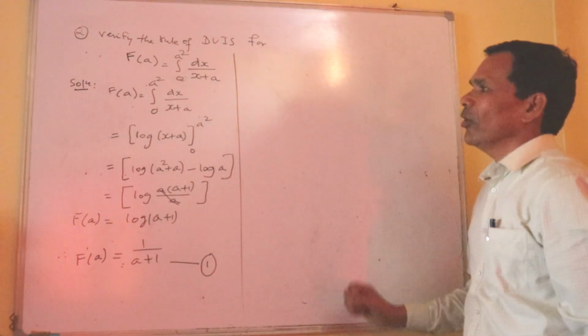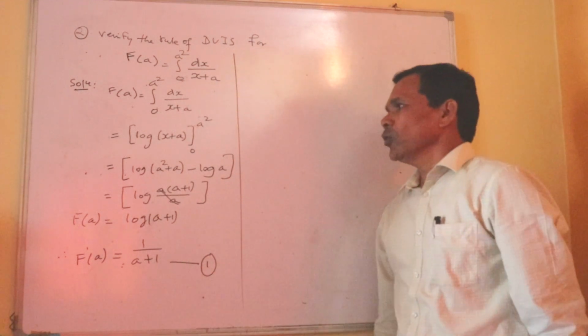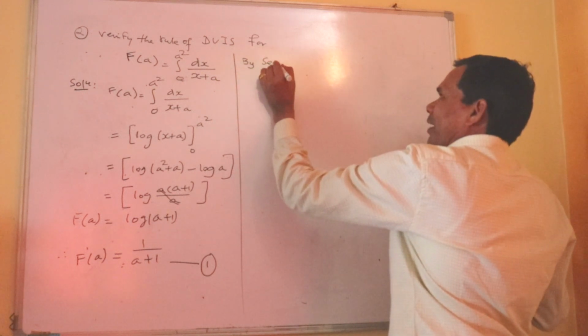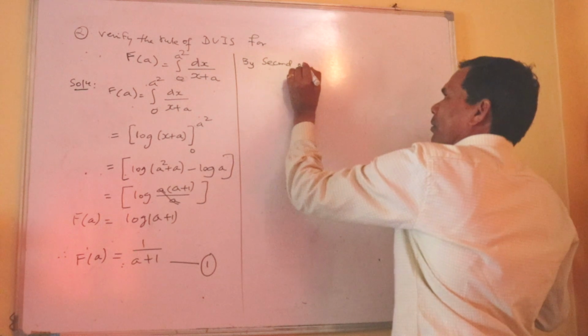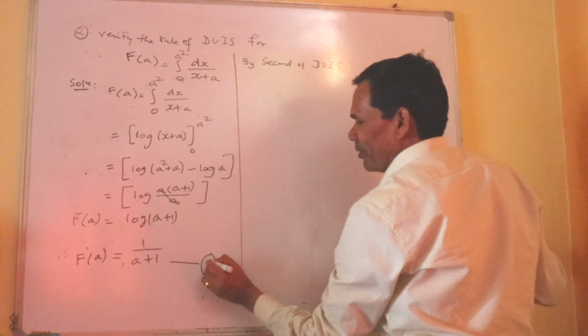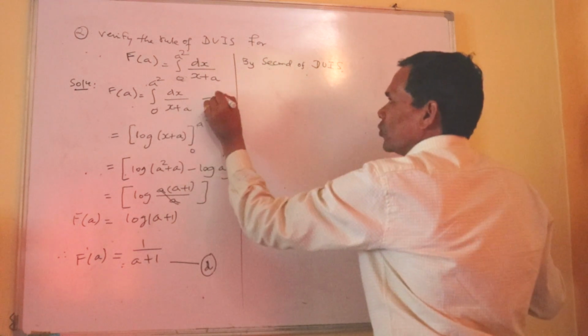Now we find the value of this f dash a by using the second rule of DUIS. I will call this expression 2 and the earlier one 1.